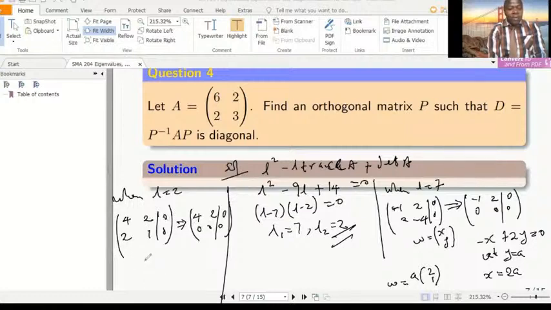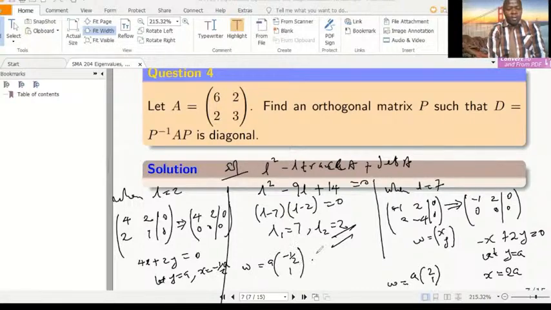So what we now have is 4x plus 2y equals 0. So let y be a. That would then mean that x will be negative a half, because this one further will be negative 2 divided by 4. So the new W, corresponding to lambda equals 2, is a times (negative a half, 1).